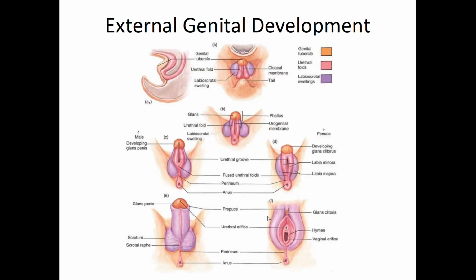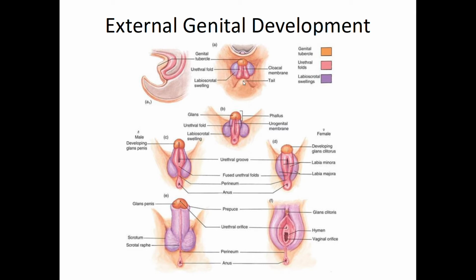Now on the outside, we're going to see something very similar. So the initial state, you have this genital tubercle at the tip here with the urethral folds, the cloacal membrane in the center, and the labioscrotal swelling. Here, this is very early on, you're seeing this little tail.